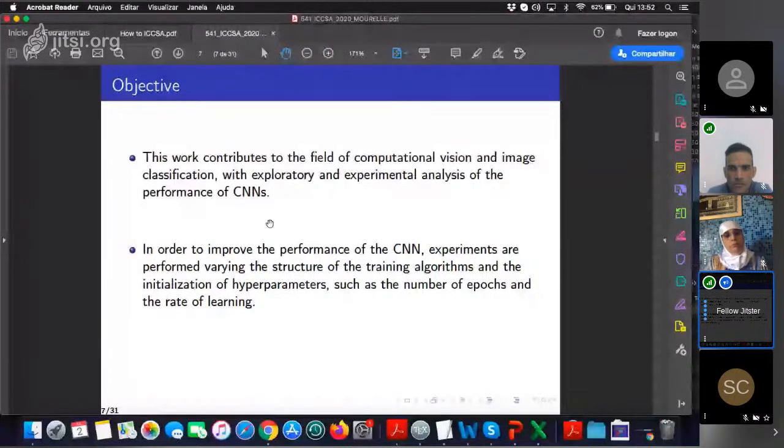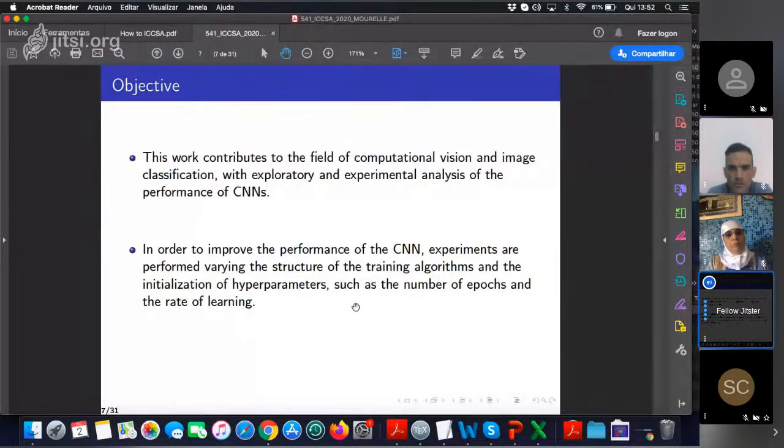In order to improve the performance of the CNN, experiments are performed varying the structure of the training algorithms and the initialization of hyperparameters, such as the number of epochs and the rate of learning. So this is our main concern in this work.